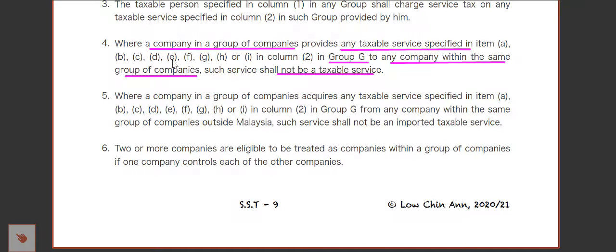Now, not everything, only A, B, C, D, E, F, G, H, I of group G only.